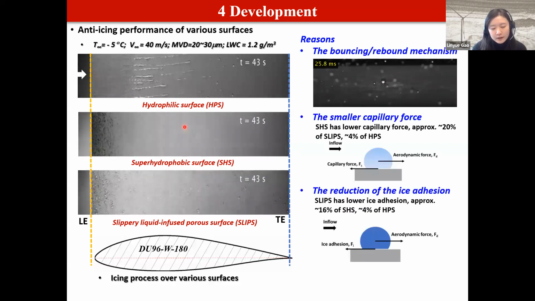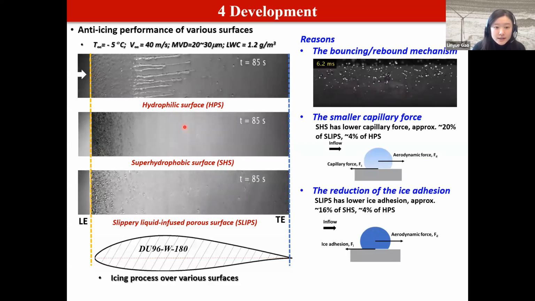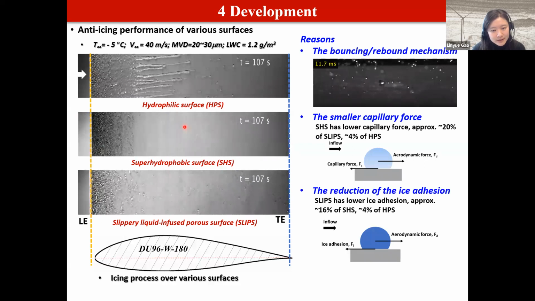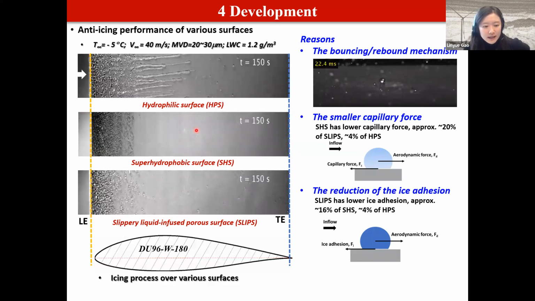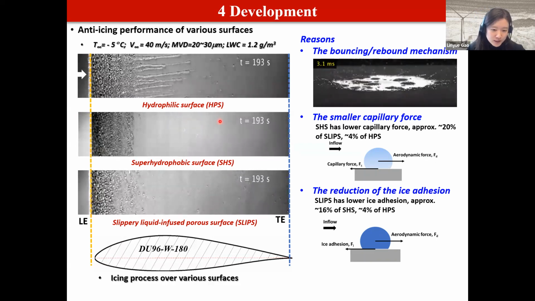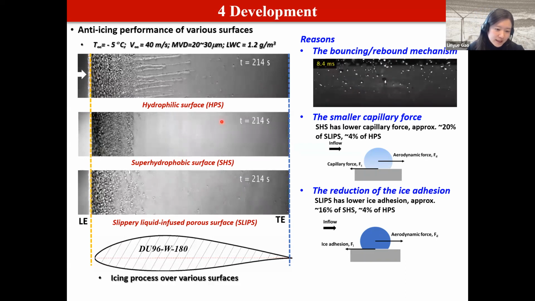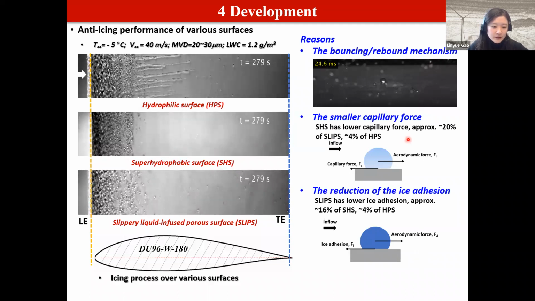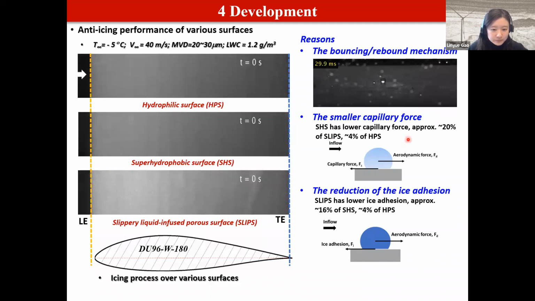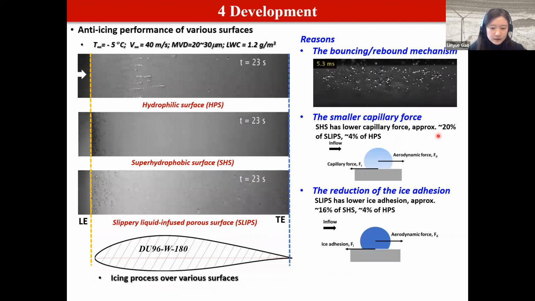Actually, this is related to three different reasons. The first one is related to the bouncing mechanism for the superhydrophobic and slip surface. Another one is related to the smaller capillary force for the superhydrophobic and slip surface, which for the superhydrophobic surface is about 20% of the traditional one.